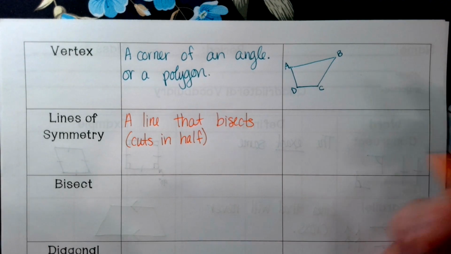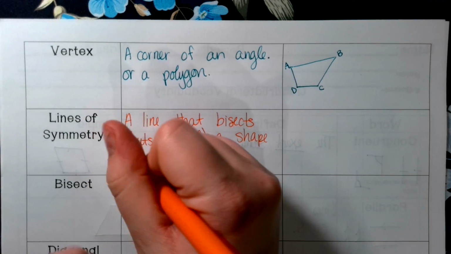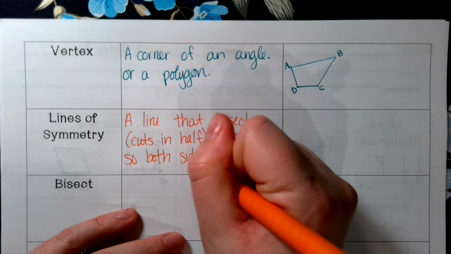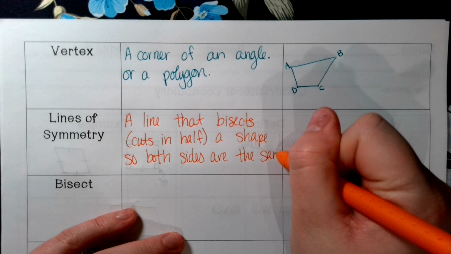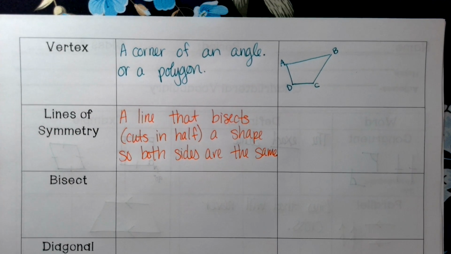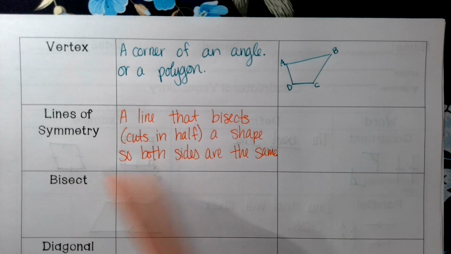A line that bisects, cuts in half a shape. So both sides are the same. That was a longer one. And like we just talked about up here, we'll use bisect again down there.